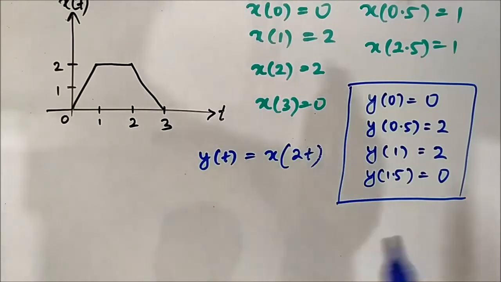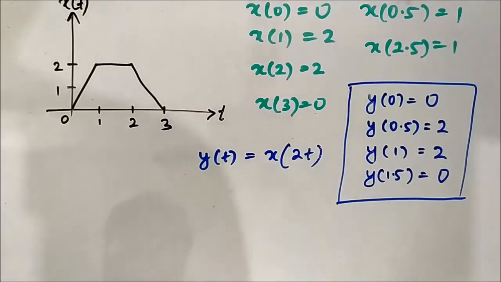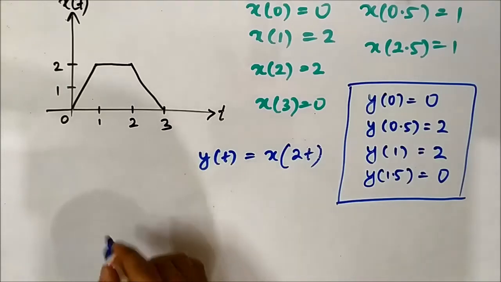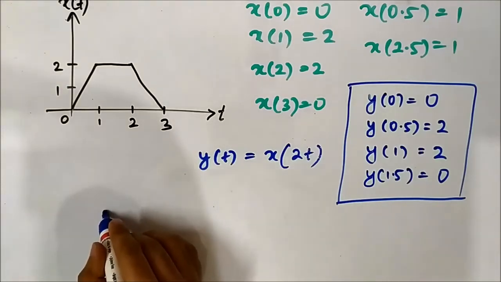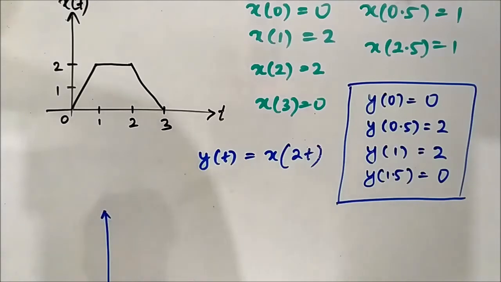Okay, so now we will draw the signal y(t). So for that we will take the time axis and the amplitude axis. 0, 0.5, 1 and 1.5. Here it is 1 and 2.